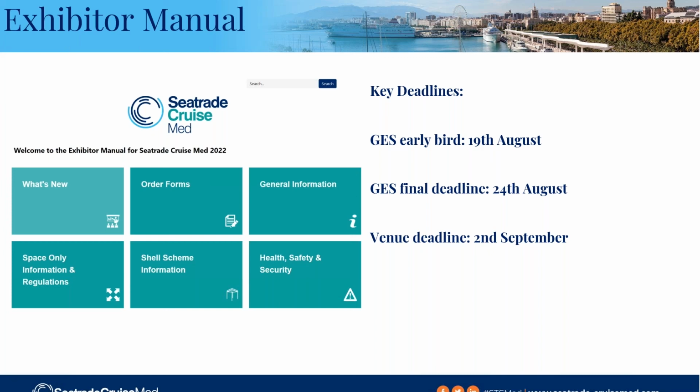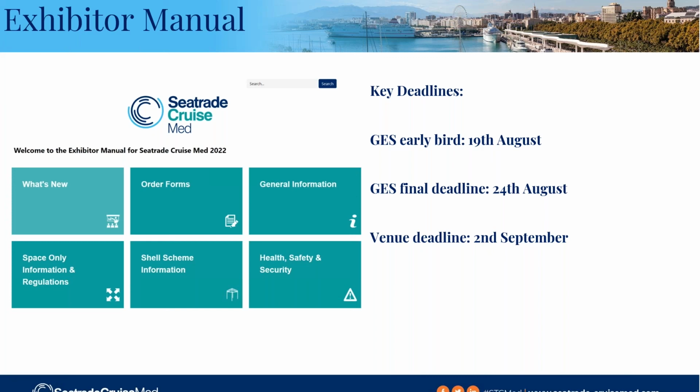So what I mean is, if you email GES on the 18th of August and they don't reply to you until the 20th, they will still honour that early bird pricing, because you've made the request before the deadline.